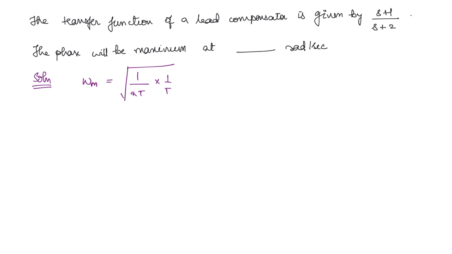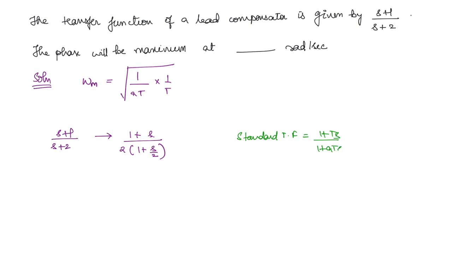So now the given transfer function is (s + 1) / (s + 2). If you write it in the time constant form, you're going to get (1 + s) / (2 (1 + s/2)). Now what is the standard transfer function? This is (1 + Ts) / (1 + aTs).